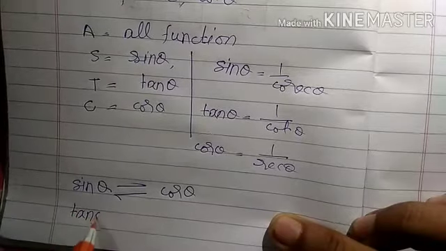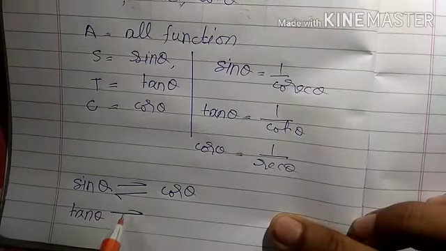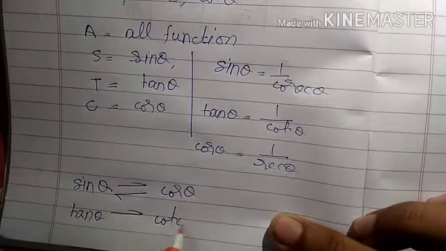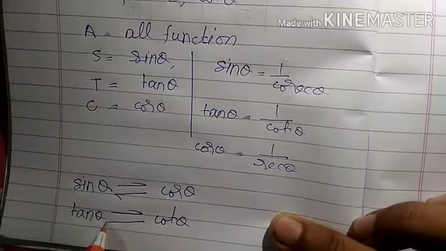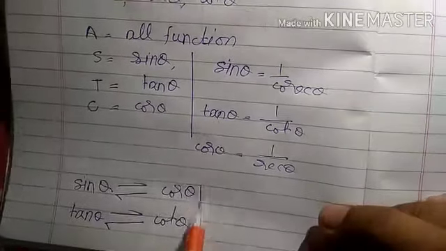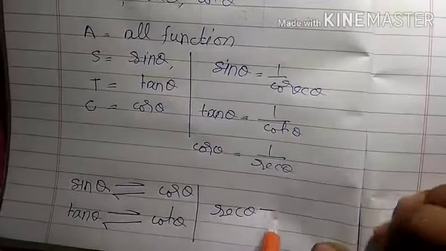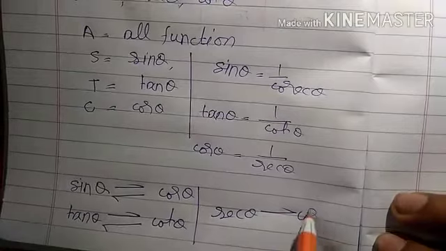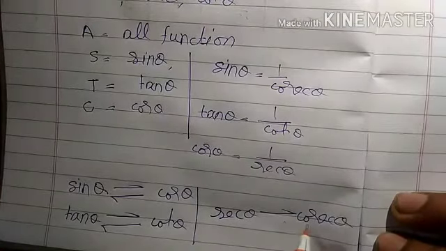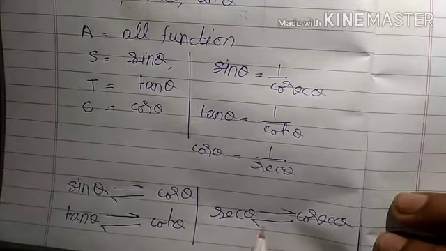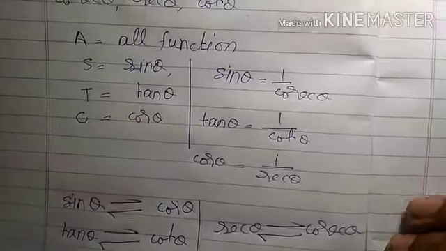Tan theta changes to cot theta, and cot theta changes to tan theta. And next, sec theta changes to cosec theta, and cosec theta changes to sec theta.